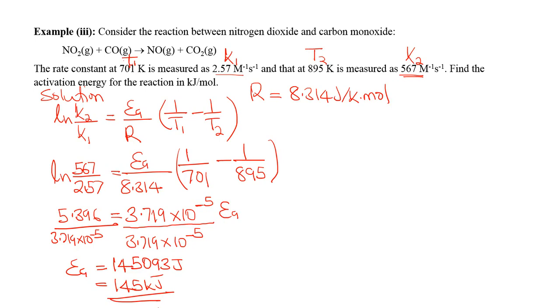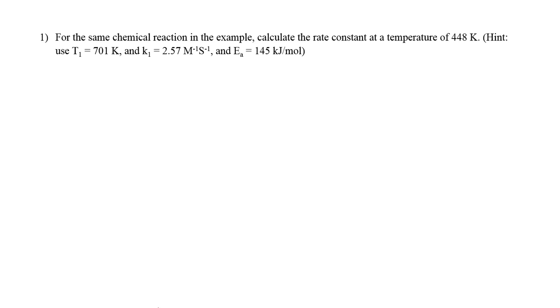So this is how we solve this problem. A similar problem for the same chemical reaction in the previous problem. Calculate the rate constant at a temperature of 448 Kelvin.